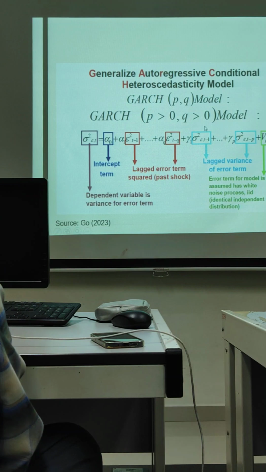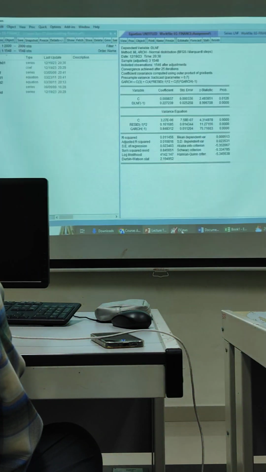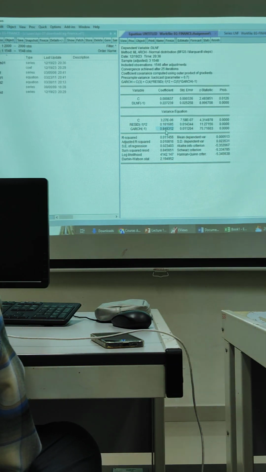So it's a generalized ARCH, proposed by Bollerslev. Now, how EViews works, you can see not only the lag power of 2 for the residual, there is also the GARCH effect here.